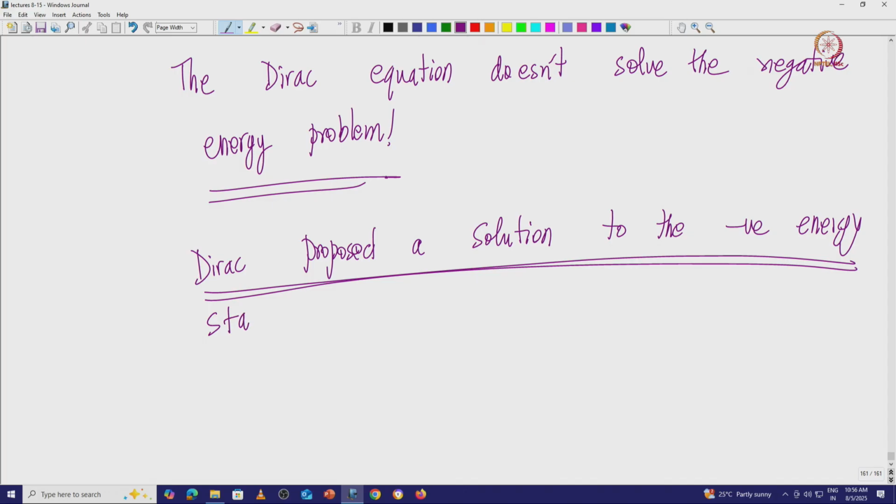So what happens to these negative energy states? This proposal is the origin of antiparticles. We have been assuming all through these lectures that the negative energy states are nothing but antiparticles of this theory, but Dirac proposed this entirely by building a theory around it. This theory is called the Dirac sea and the introduction of antiparticles.